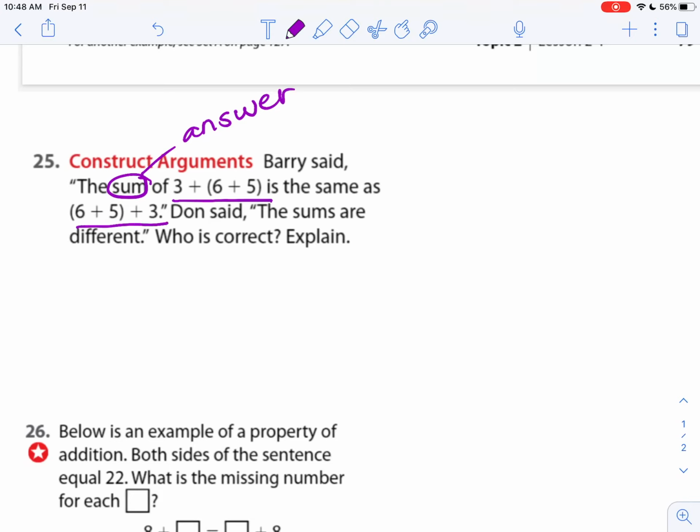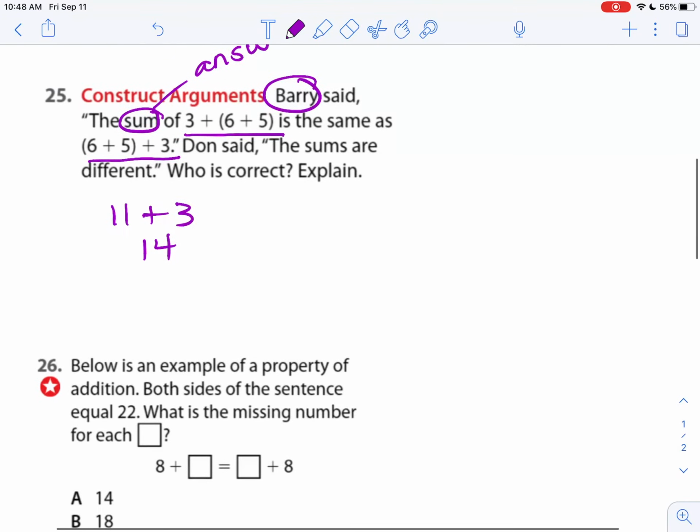They're really grouped the same. They're just in a different order. So that is going to be the same answer because 6 plus 5 is 11 plus 3 would be 14. That is the same no matter what order it's in. So, who's correct? Well, it has to be Barry because Barry says they are the same, and he means they're equal when he says that. So, Barry is correct.